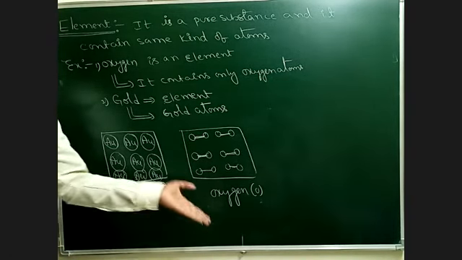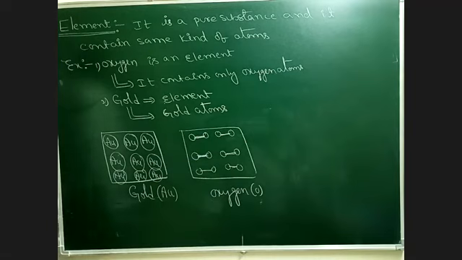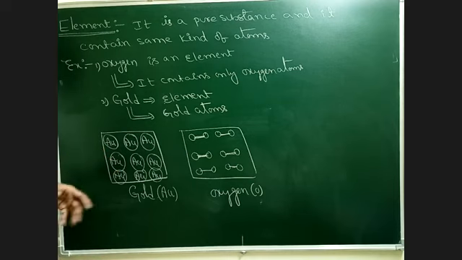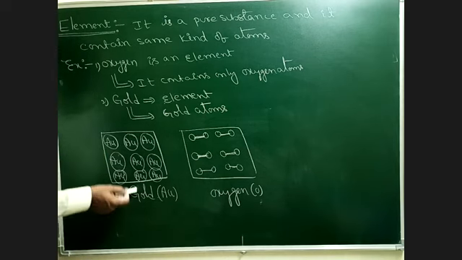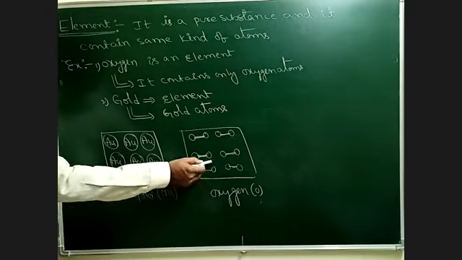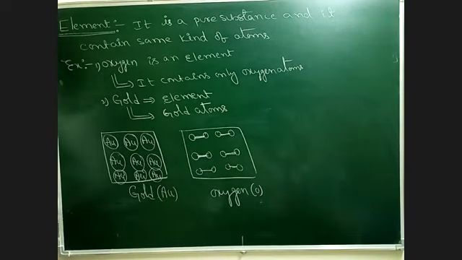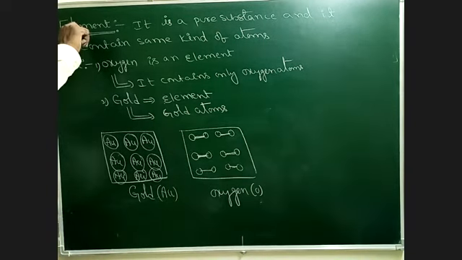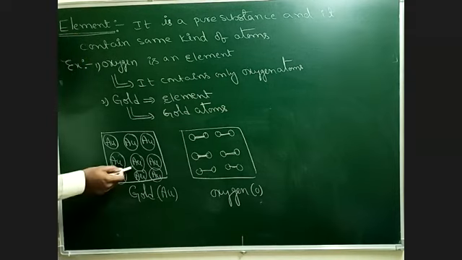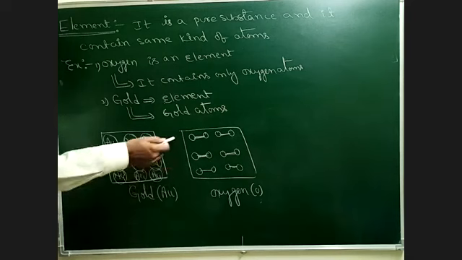Throughout the oxygen, we can see only oxygen. Here is the difference: gold and gold will also bind through a metallic bond, that is an imaginary bond. We'll discuss bonds later. Gold element has gold atoms, oxygen element has oxygen atoms. Clear? So element is a pure substance, it contains only one kind of atoms.